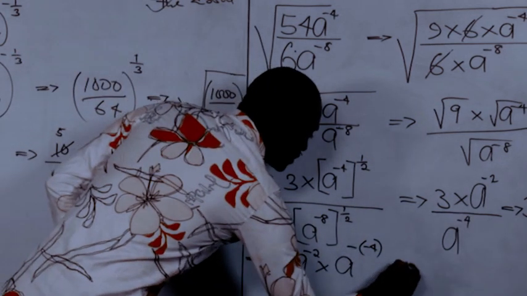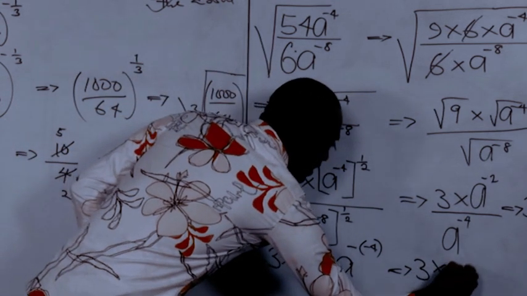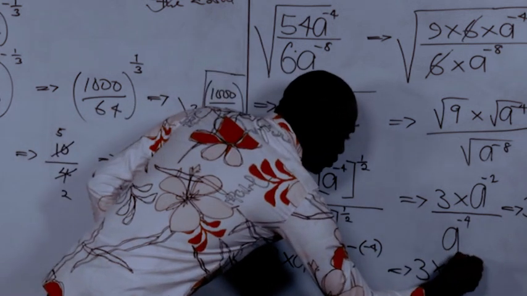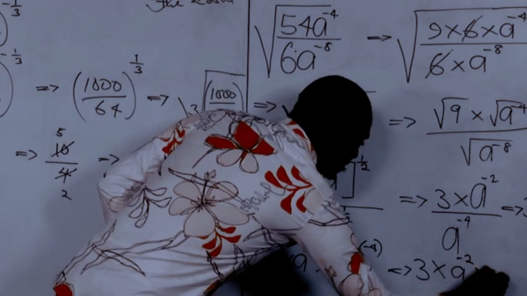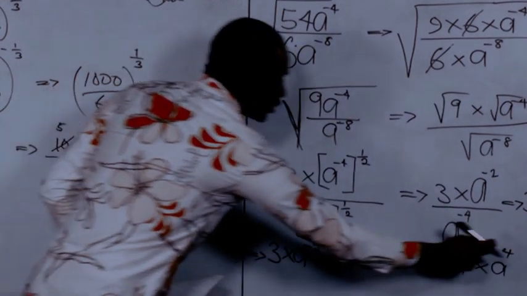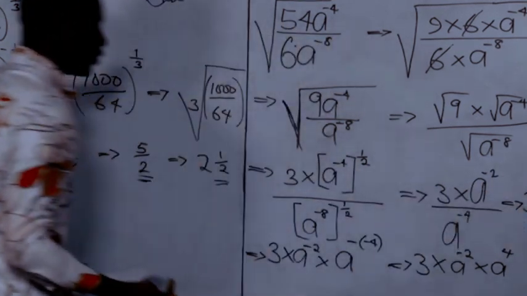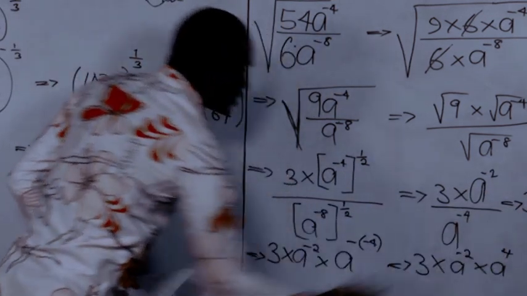And this will give us 3 multiplied by a raised power minus 2, times a raised power 4. Minus times minus 4 gives us 4, and that is why we have what I said we are going to have here.